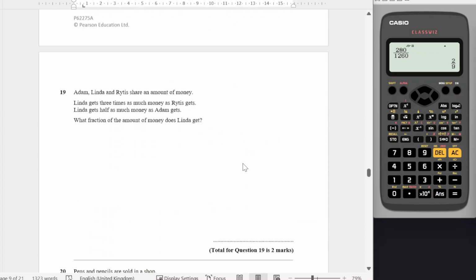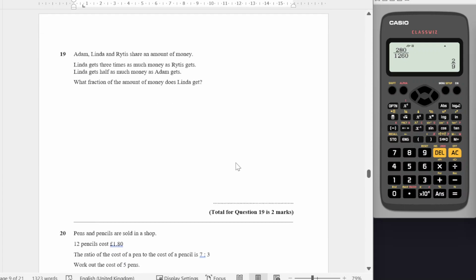Okay, question 19 then. Adam, Linda and Ritus share an amount of money, and then we're given some comparisons between them. So if I set it up like A, L and R, Linda gets 3 times as much as, so R is equal to 3L.